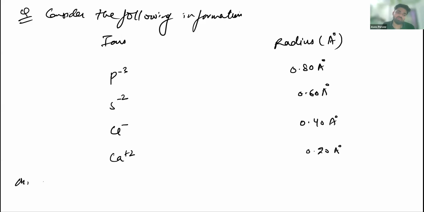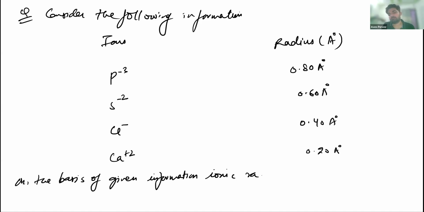Now, on the basis of the given information, the ionic radius of potassium will be, tell me. I'm going to give you the options here.